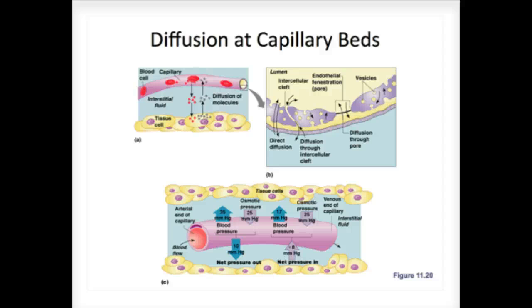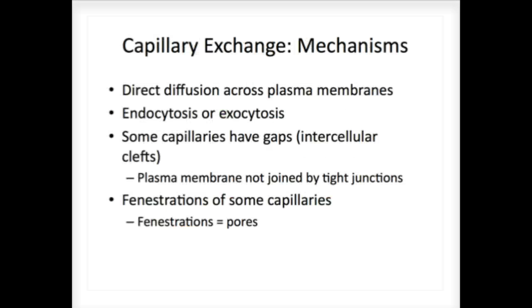Remember that the blood has proteins specifically for the purpose of maintaining an osmotic balance. We want to maintain a certain amount of fluid in the vessel that doesn't flow out. Well, the very presence of that pressure within the vessel also helps to move some substances in and out of the cells. And so we see this movement through the pores of different substances.